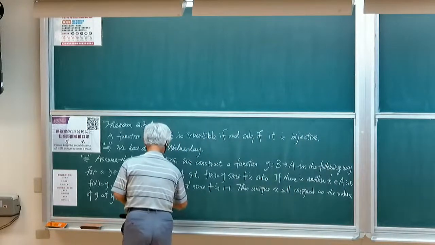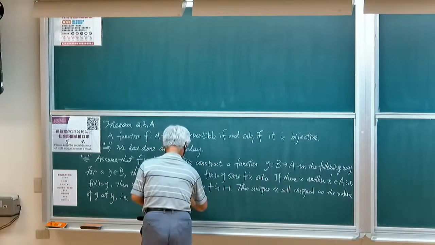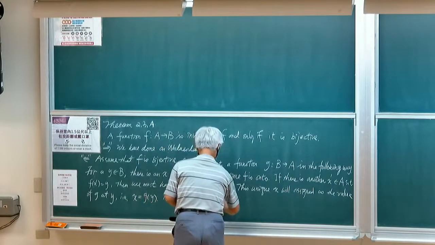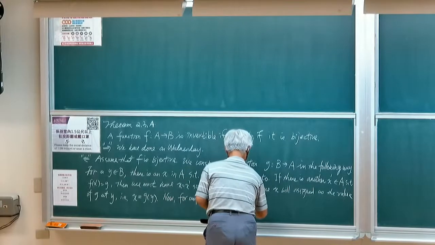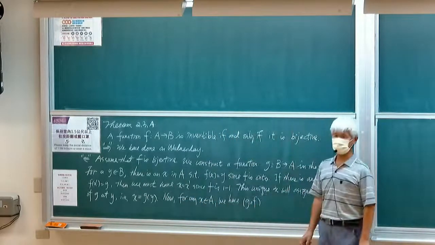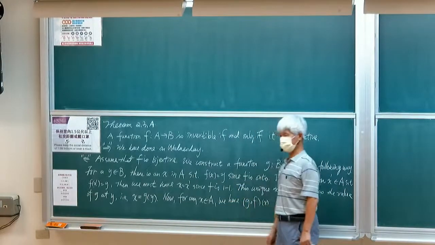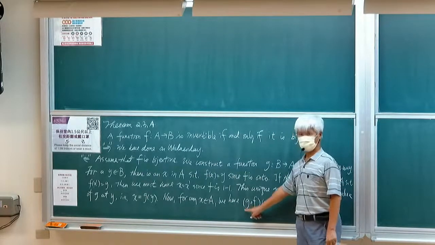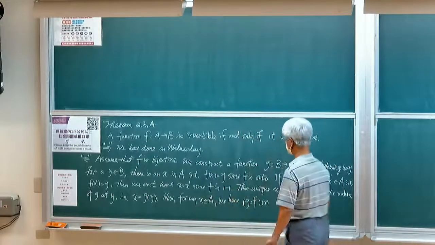So now, for any x in A, we check the composite of g and f on x, because this composition is a function from A to A. So we check an element x in A.